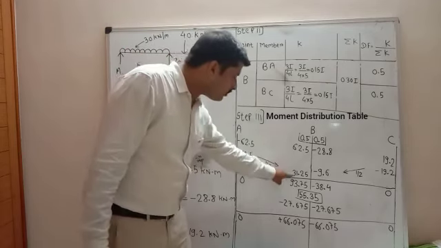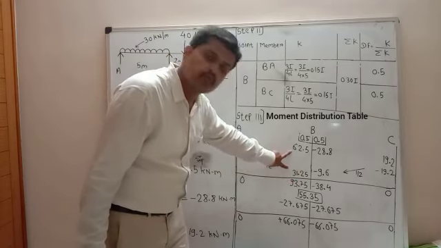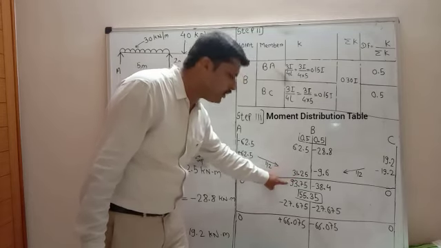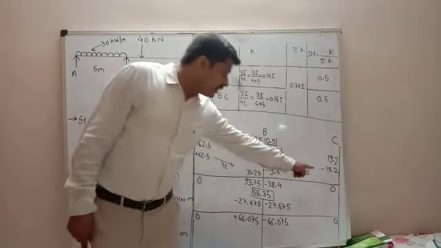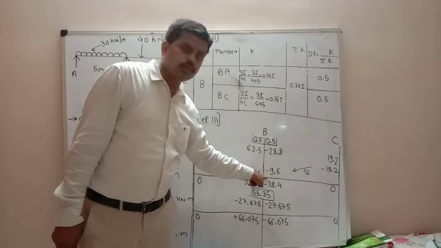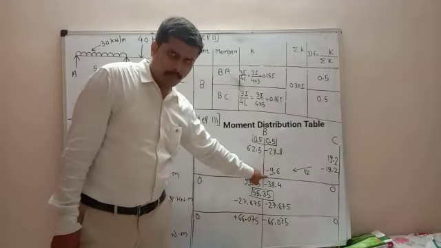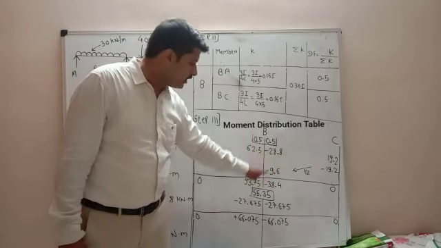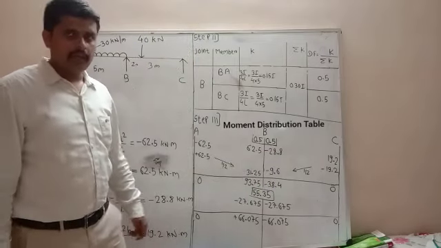After transferring, that is 31.25, add these two values. So 62.5 plus 31.25 will be 93.75. Similarly, transfer half of this value to this joint. So it will be minus 9.6. Add these two values. We will get minus 38.4.